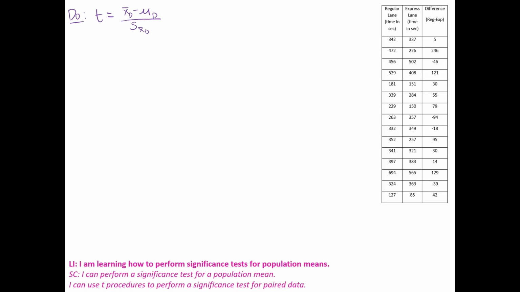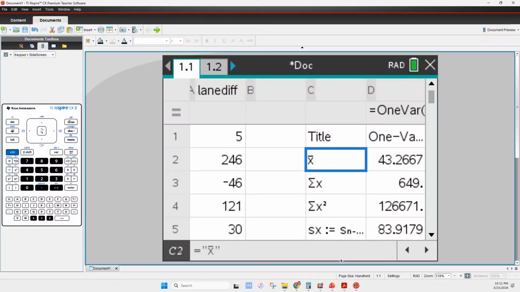That's a nice little chain there. All right, so here's where we're definitely going to need that calculator data because I don't know what the mean of the difference is unless I go back to here where I have it in my calculator, 43.2667. All right, so I might just round this to 43.27. So let me do that.